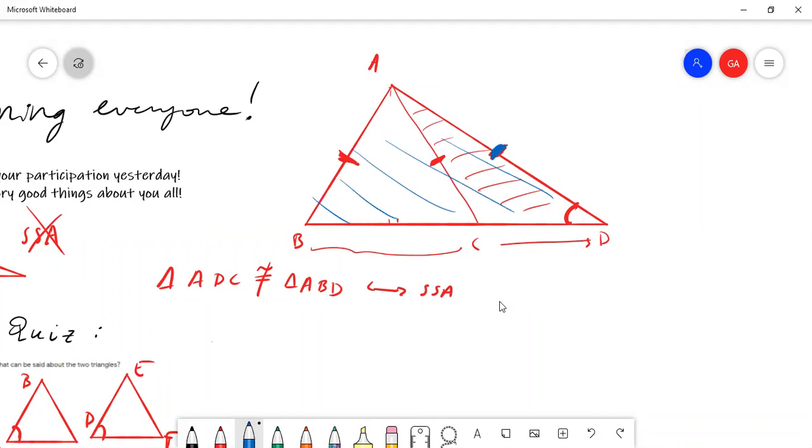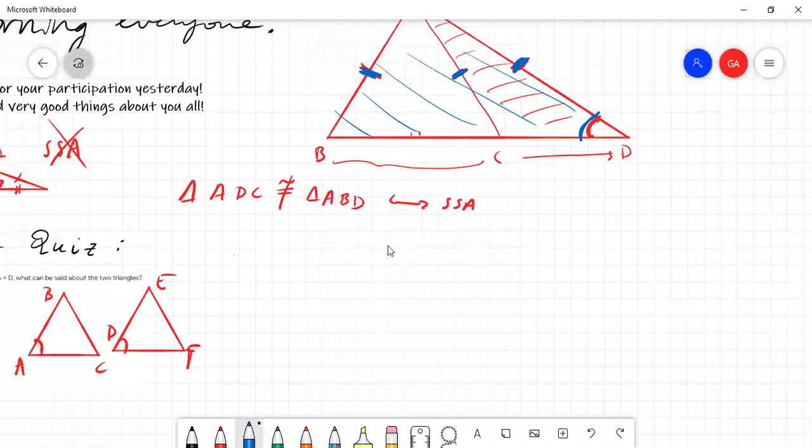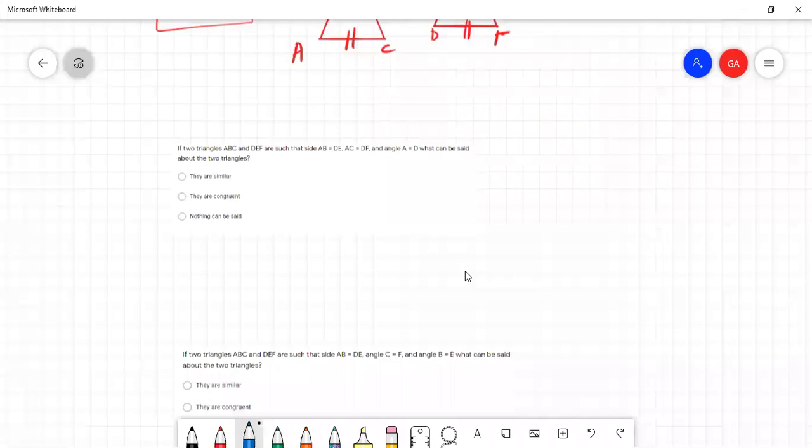They also share this side, which is equal to this side, and they also share this angle. So this setup satisfies SSA, and yet obviously this small red triangle is a part of the blue triangle. In fact, it's not even the same area as the blue triangle. Okay, so hope that makes sense.